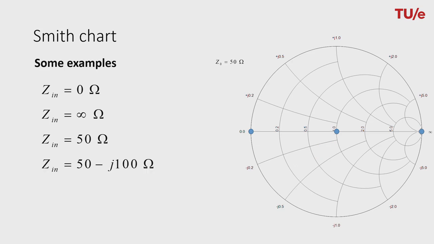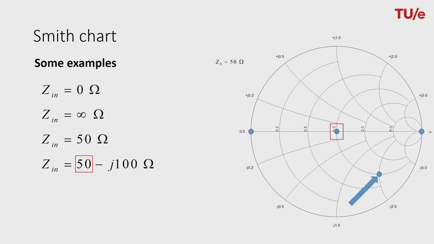When we have a more complex impedance, for example 50 minus j100 ohm, we can easily find this point on the Smith chart. How? Best is to first consider the real part. In this case the normalized value is 1, and we find the circle with a real part equal to 1, starting in the middle of the Smith chart as indicated here by the red box.